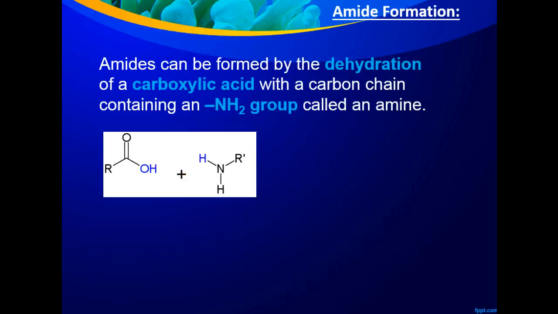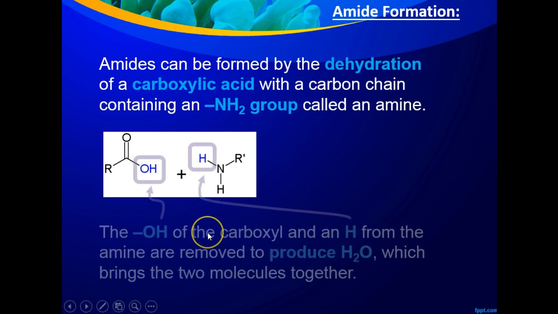Let's take a look at some amide formation or reactions. Amides can be formed by the dehydration of a carboxylic acid with a carbon chain containing an NH2 group called an amine. So down here we have a carboxylic acid and we have an amine there.